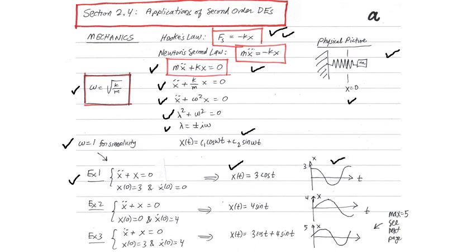Notice the solution makes sense physically if we're starting out with a mass attached to a spring. We have an initial displacement of 3 and an initial velocity of 0. So that means we're releasing the spring from a position 3 units away from its equilibrium.